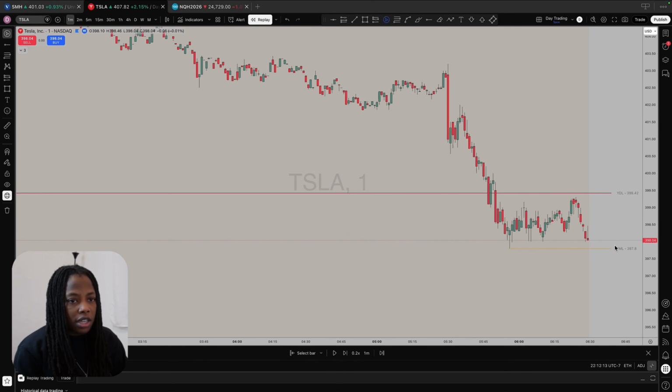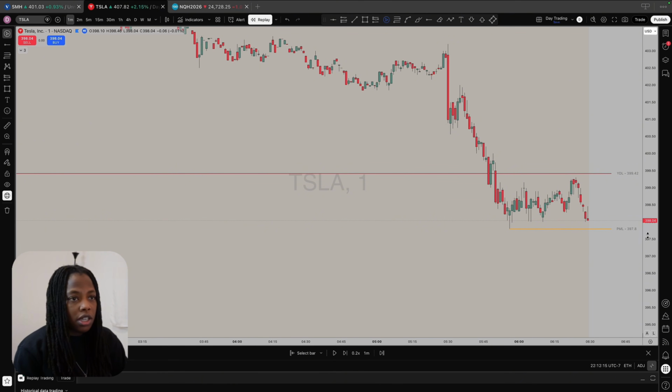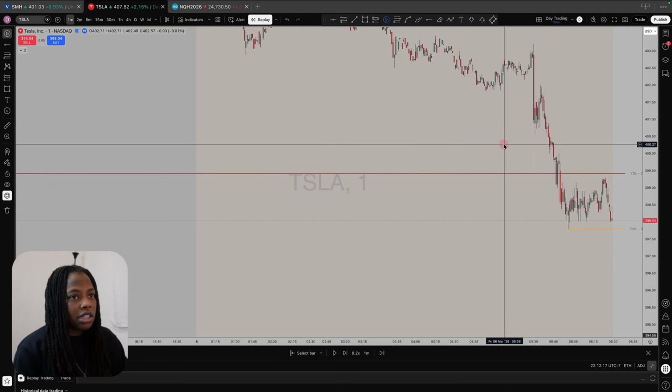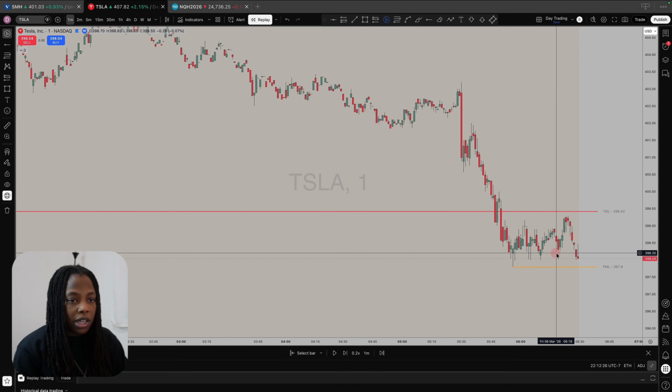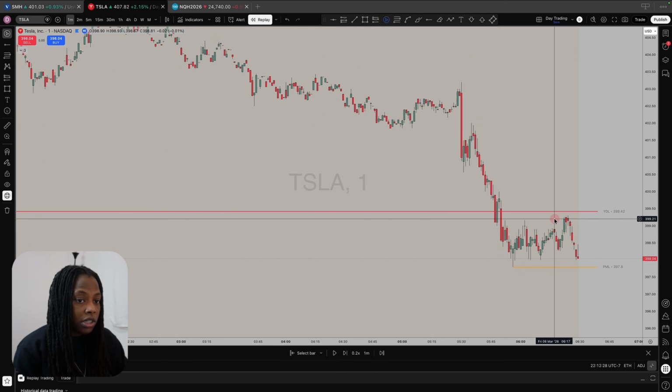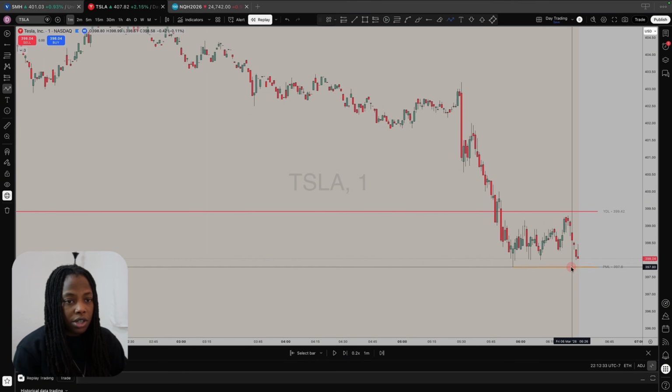For example, in this case, coming into the day, we're seeing a lot of selling on Tesla, and Tesla has broken below the previous day's low. Now, game plan is you're looking for probably price to do something like this, different scenarios, to open, pop up, reject it, and come down.